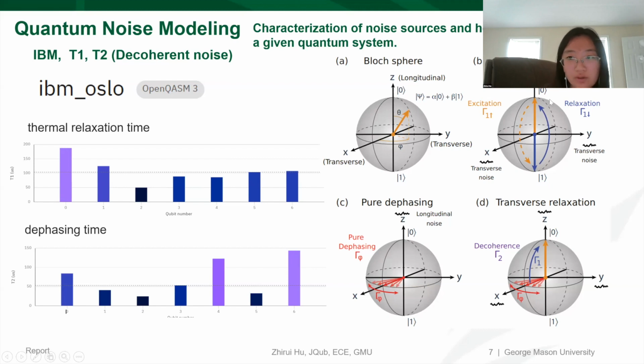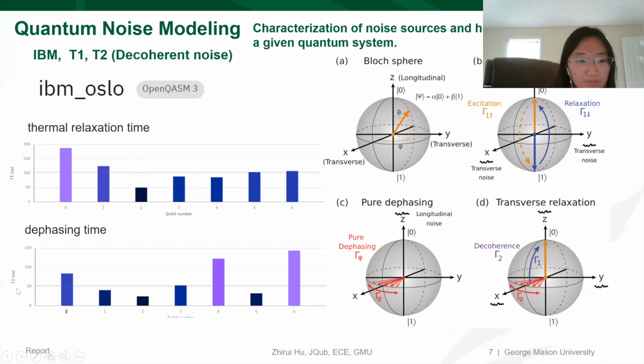It will include some noise, and if we use the Bloch sphere to express this, the vector will shrink inside the sphere.